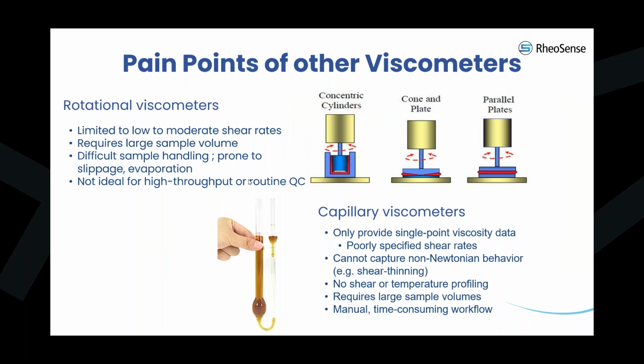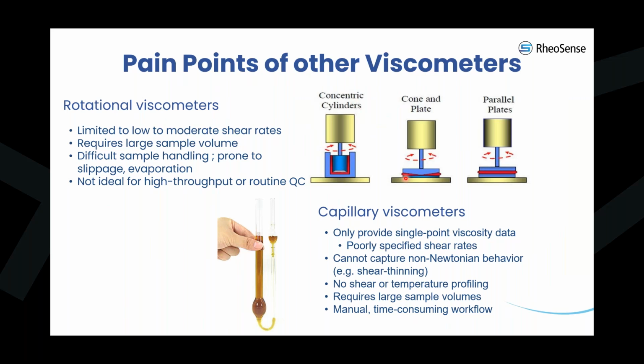Okay, so the main difference between VROC technology and cone and plate. Unfortunately, I don't have data, but we have published data on protein samples with cone and plate showing artificial shear thinning at the very low shear rates.